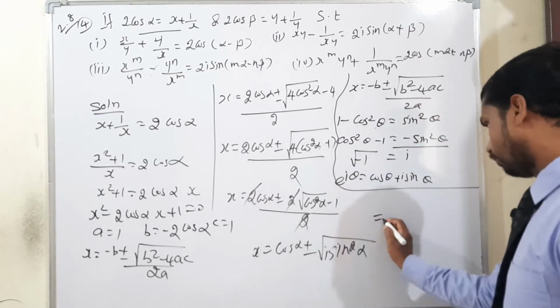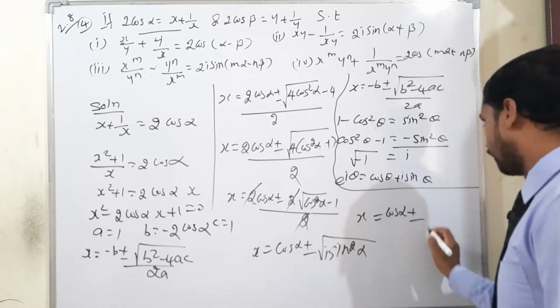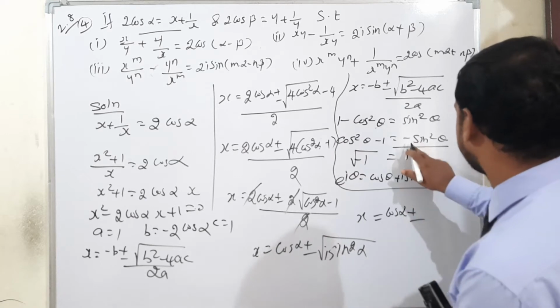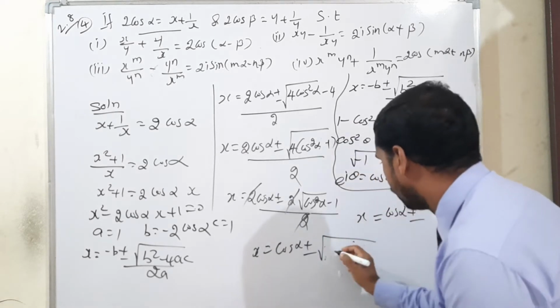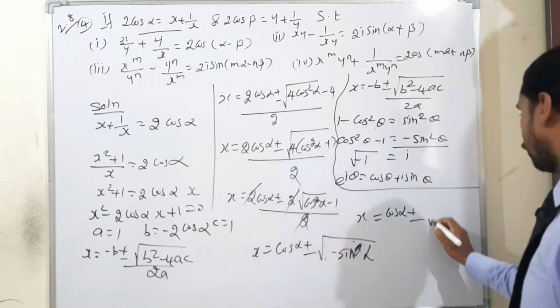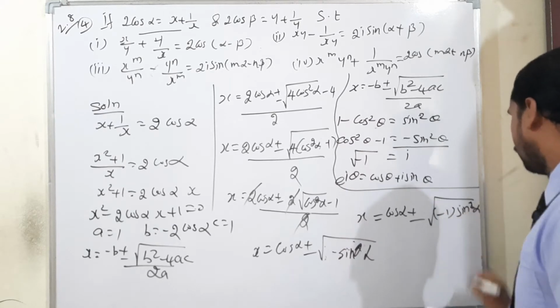Therefore x is equal to cos alpha plus or minus the square root of minus sin square alpha. So the square root of minus 1 into sin square alpha.